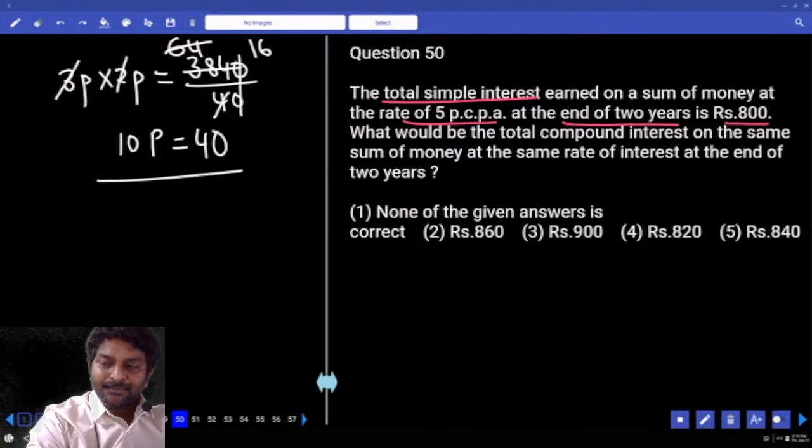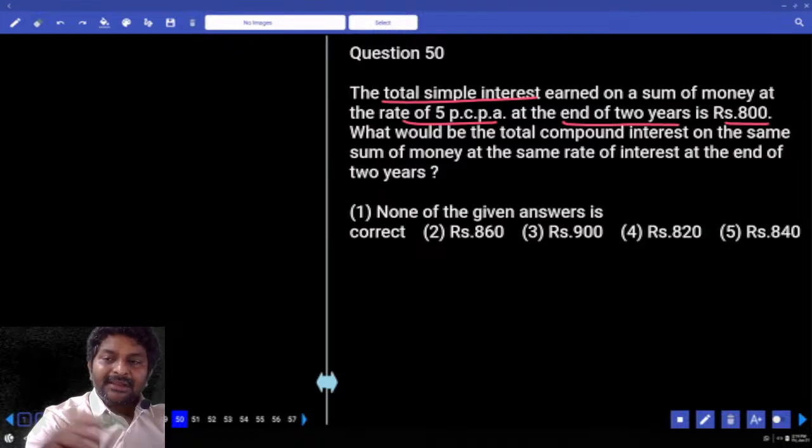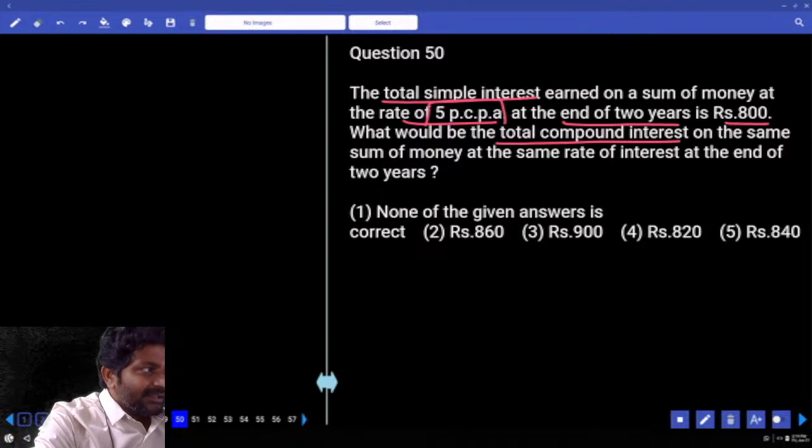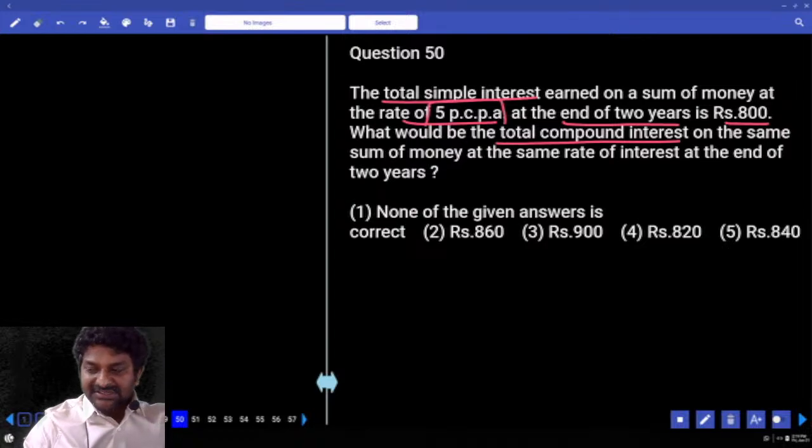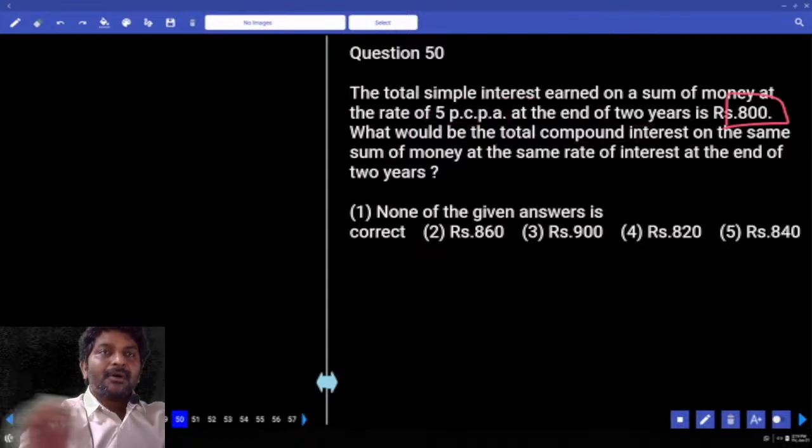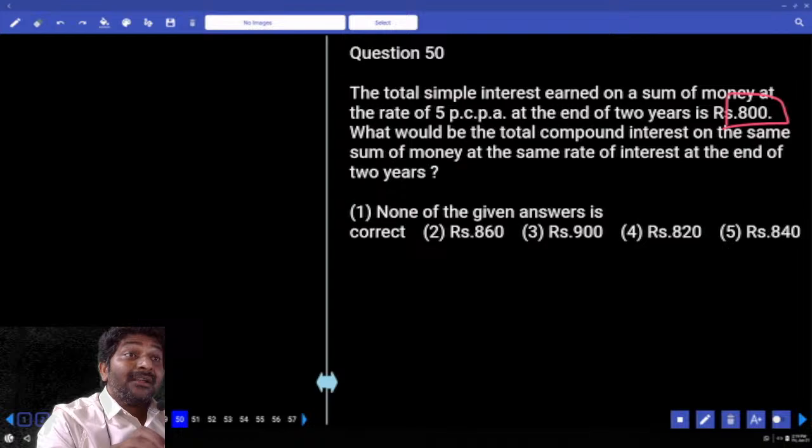We were given simple interest for 2 years, correct? Now the question is to identify compound interest on same principal, same rate, same time, correct? How much was the simple interest? Come on. For 2 years.